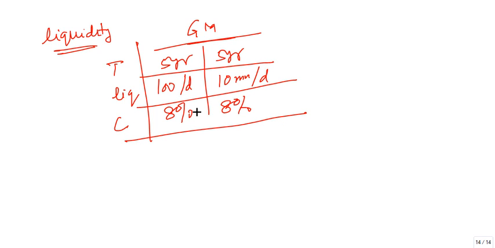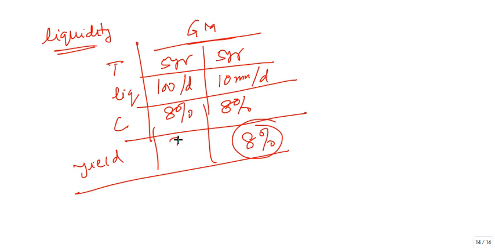Now, let's say the yield of this bond is 8%. What can be said about the yield of this bond? Specifically, should it be equal to 8%, less than 8%, or greater than 8%? Which would be your choice?